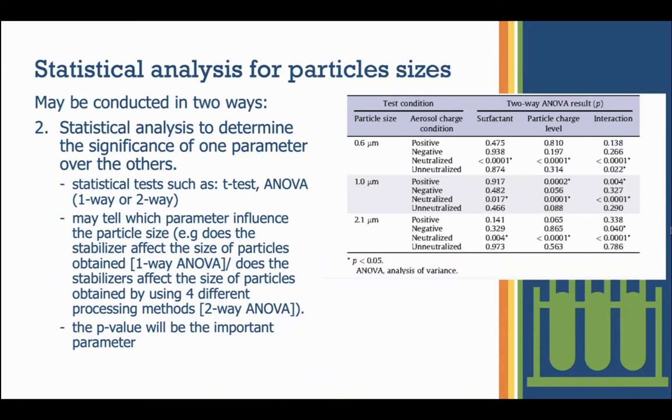If we have such data, we can determine the significant difference between the three particle sizes that we obtain by using one-way ANOVA. If we want to know more, we may use two-way ANOVA if we want to know the effect of the stabilizer on the size of particles obtained by using 4 different processing methods. So it's more complicated, but it can be done.